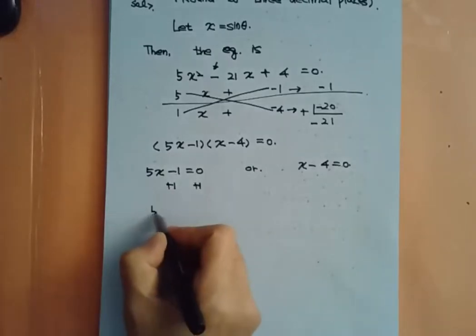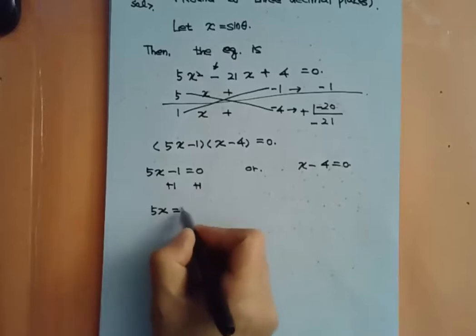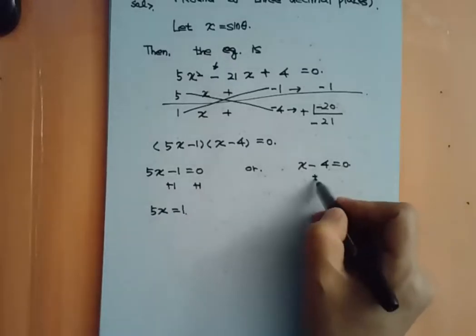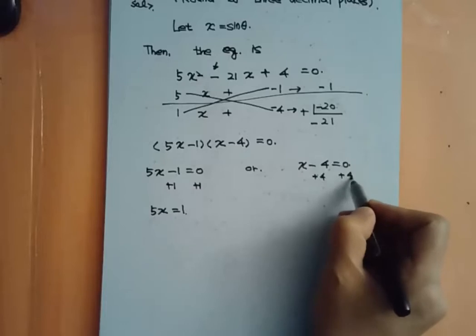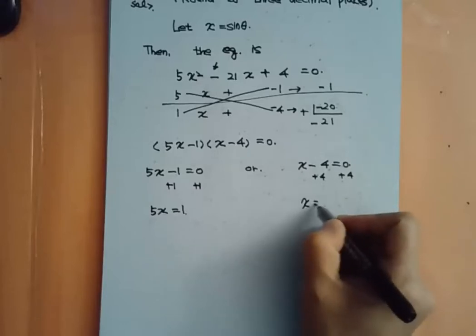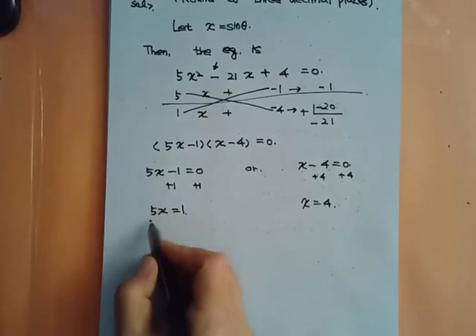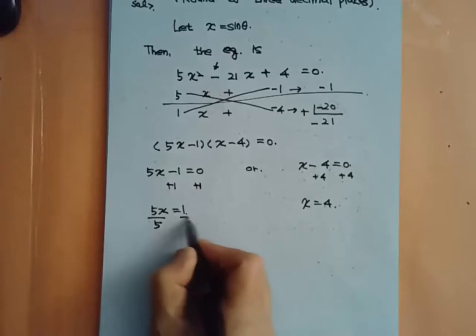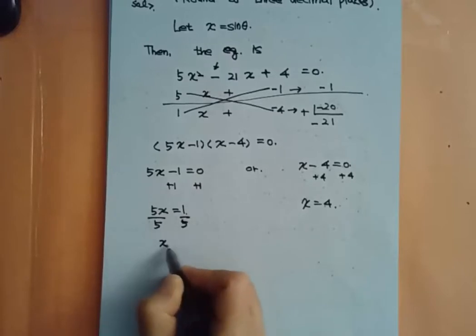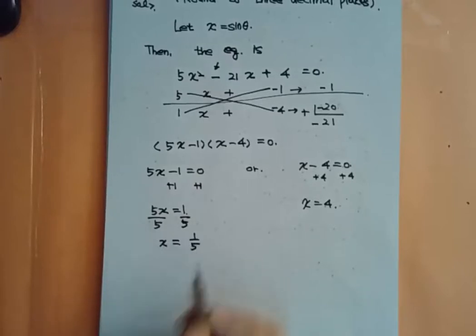So 5x equals 1. And x equals 4. So on the left side, we divide by 5 on both sides. Then x equals 1 over 5.